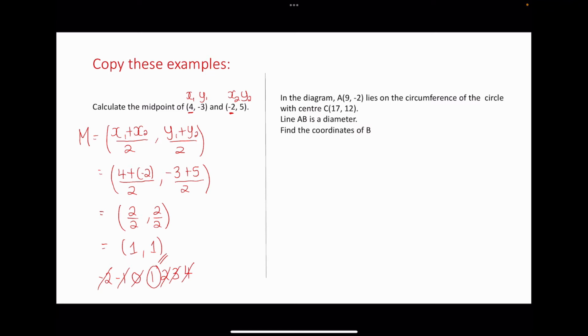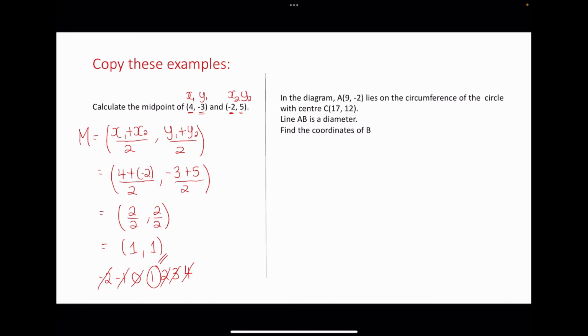If you've done similar for your y, you would be able to check it. If I've got negative 3 and I'm going up to 5, does it make sense that 1 is in the middle? Yes, because to get from 1 to negative 3, I would have to take away 4, and to get from 1 to 5, I would have to add on 4. So it's 4 either way of 1, so I'm quite happy that that's right.